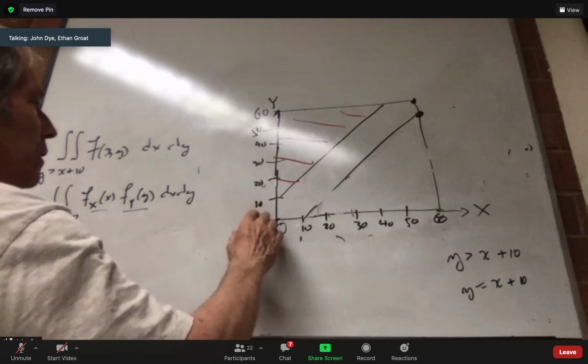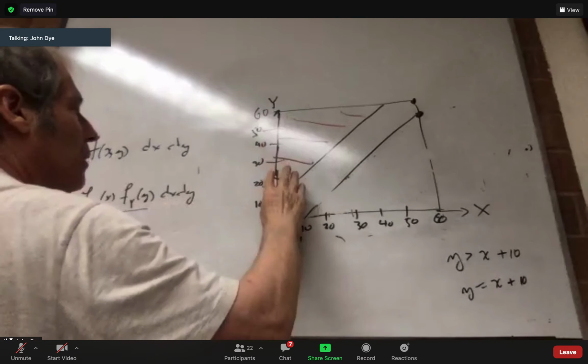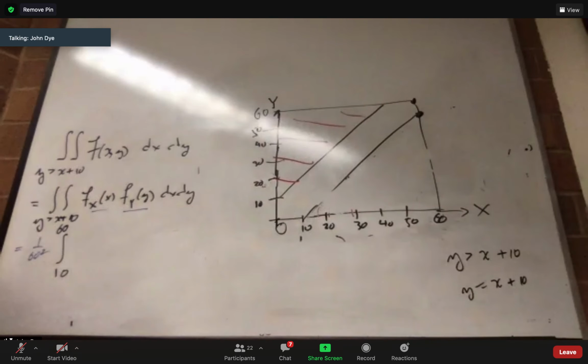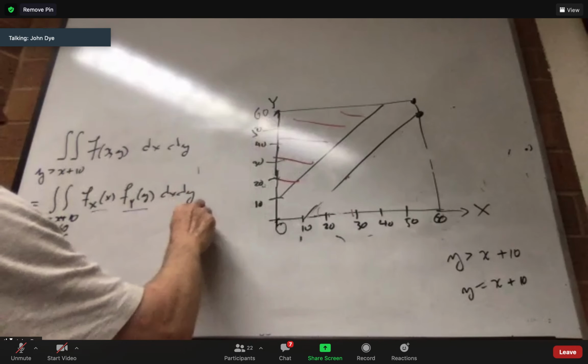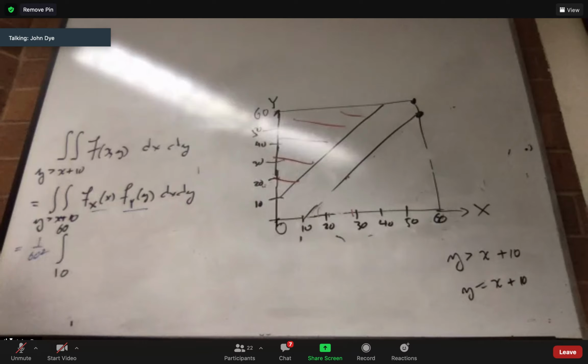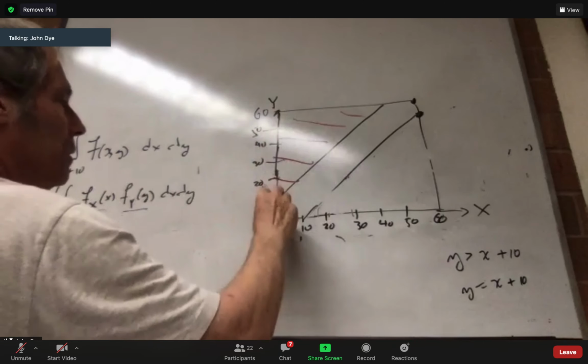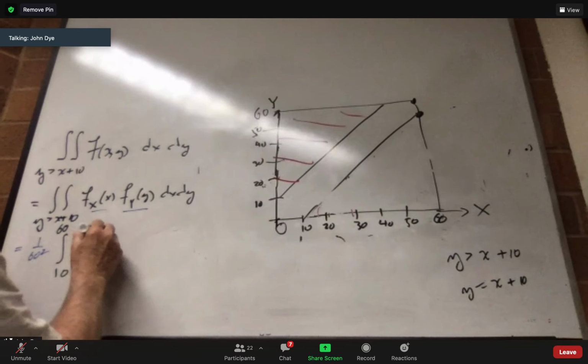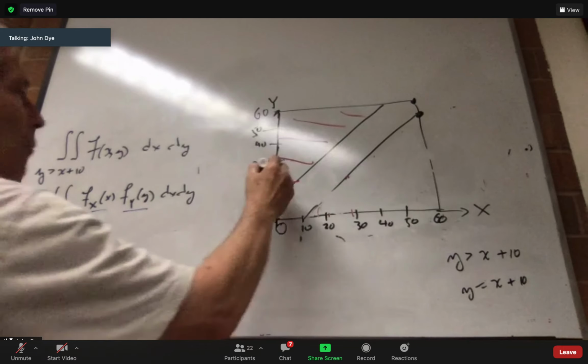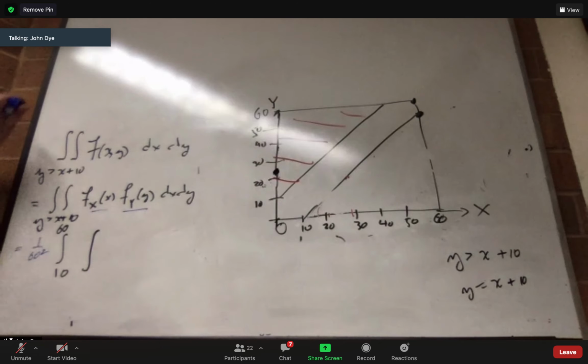Yeah, but we're integrating this region right here. So y goes from 10 to 60. We're going to do the y on the outside. For this region, y goes from 10 to 60. But then where does the x go? I'll ask you this, Ethan. If you know y, then the x is what?